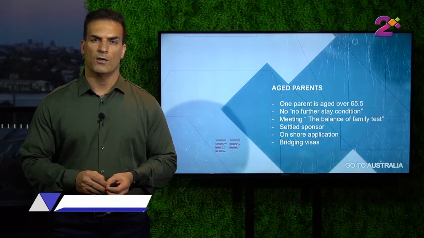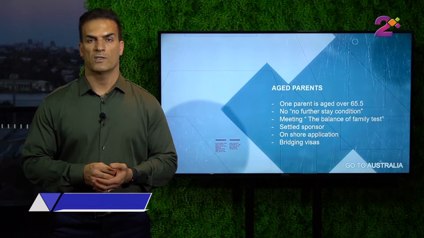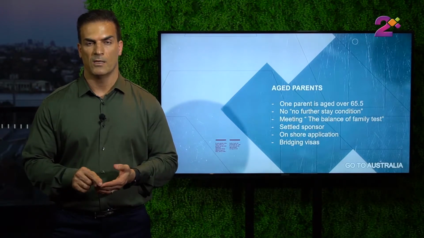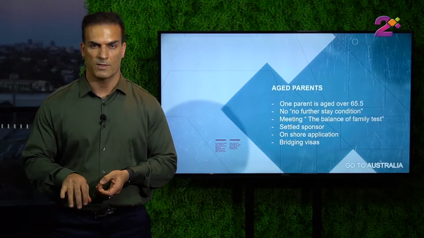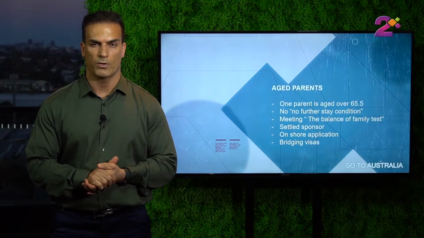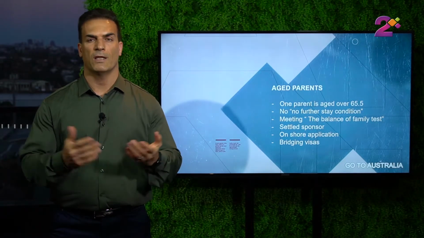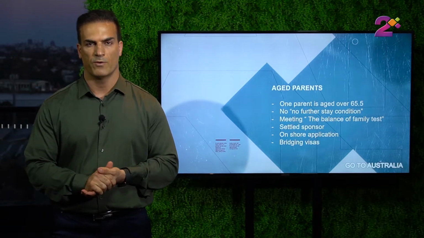If your visa, whether you're on a tourist visa or whatever visa you are, says no further stay, that means you cannot apply for an aged parent visa inside Australia or onshore. You have to go offshore and apply for parent visas, the ones we explained before.